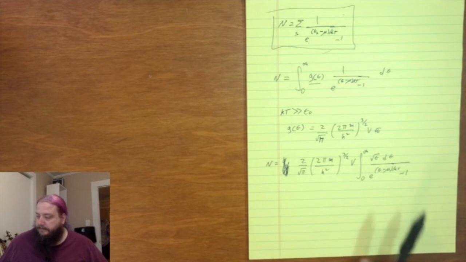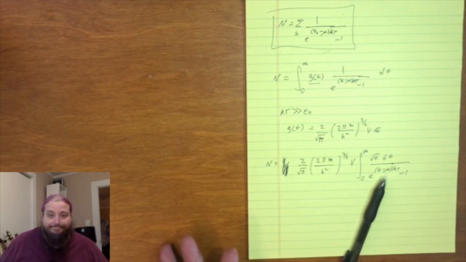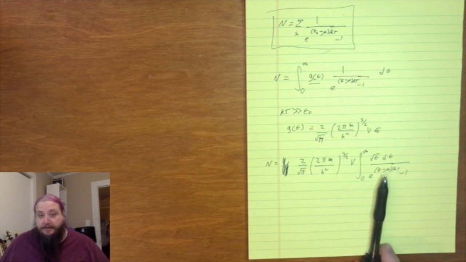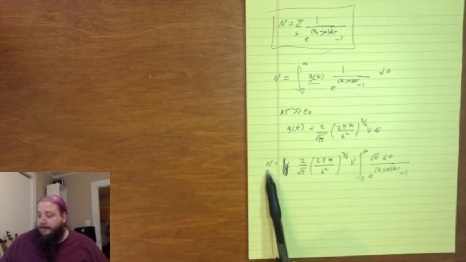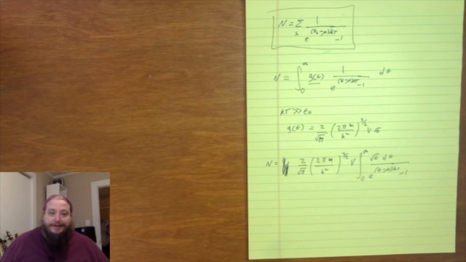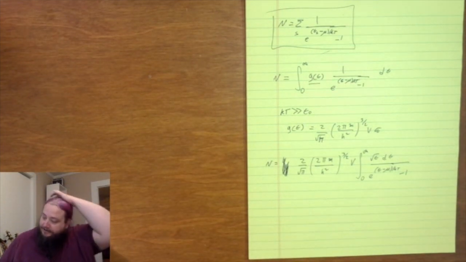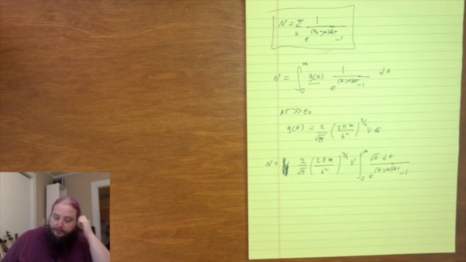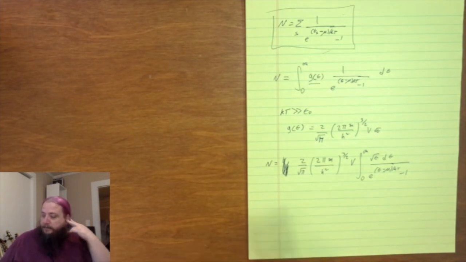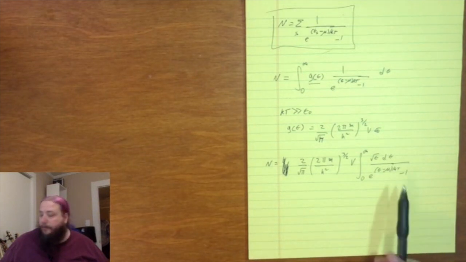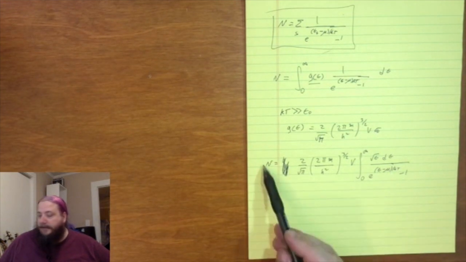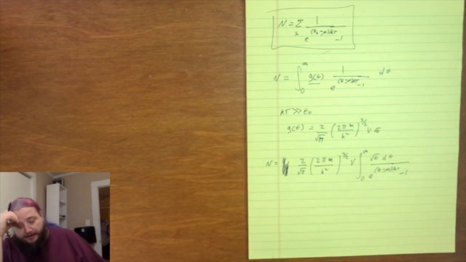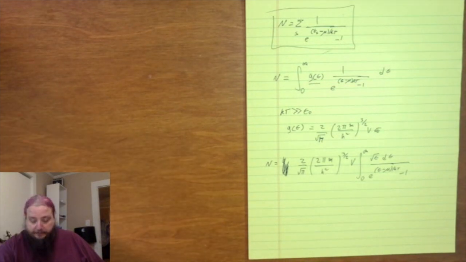Problem is that doesn't integrate analytically. If we know the chemical potential, we can integrate that numerically. Or again, we could guess the chemical potential, integrate this numerically, see if we got the right n, and repeat until we iterate until we could find the chemical potential. But there isn't a nice closed form way to invert this and write down the form of the chemical potential in terms of the number density, or the number of particles.